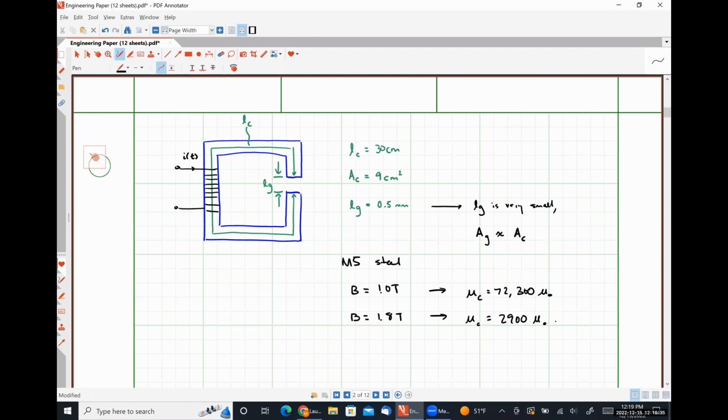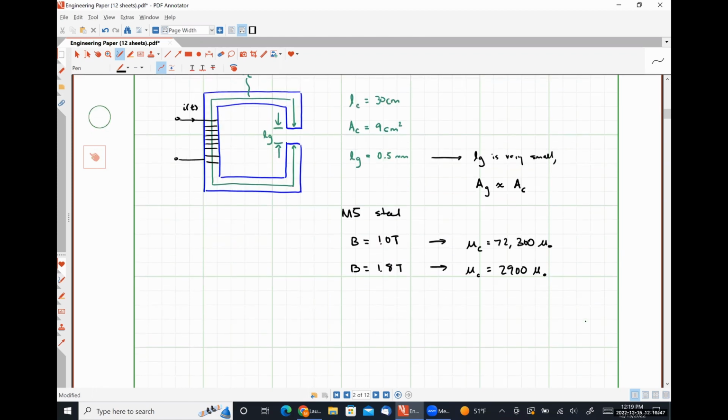Yes, Casey. It's approximately equal to AC. So I want us to determine the equivalent reluctance seen by our coil. Let's see, did I give you the number of turns? I must have, yeah. So N is equal to 500.